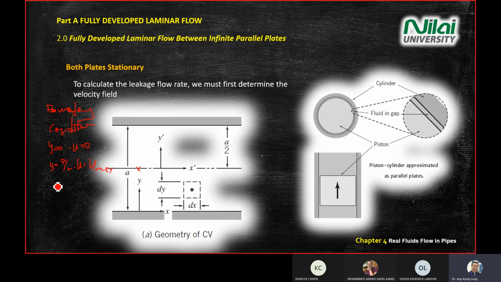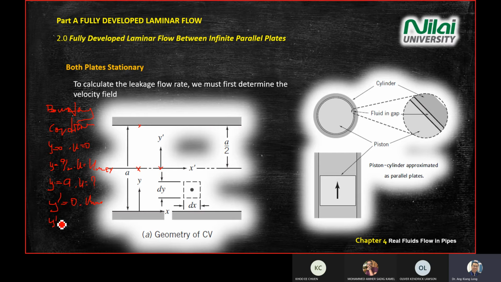I extend this question again. When your y equals a, what is the velocity? Oliver, this question is for you. What is your u? 0? Correct, because it's at the top wall. When I mention y prime equals 0, you're having u max because it's at the center.